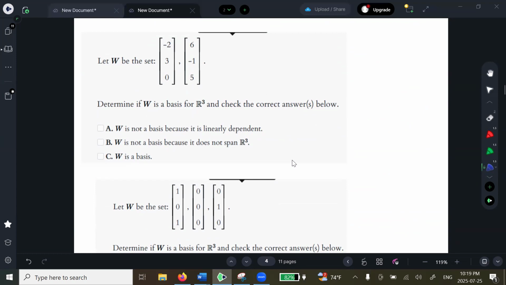The basis test tells me that if I have a set of vectors that are linearly independent, it should also span the given vector space. Why are they talking about R cube here? R3, because I have 3 components in my vector. Now, can anybody tell me what is the dimension of R3?